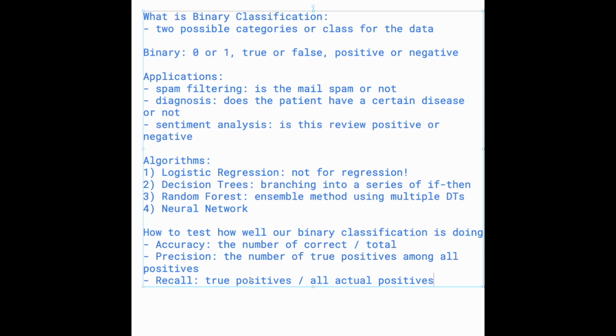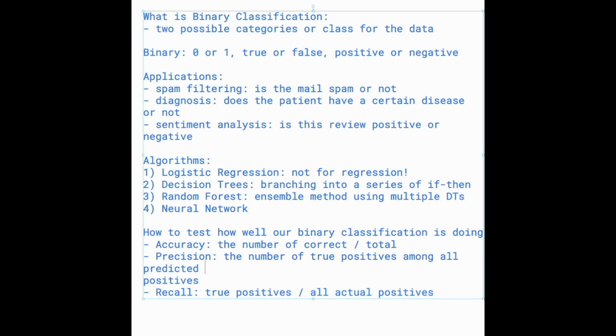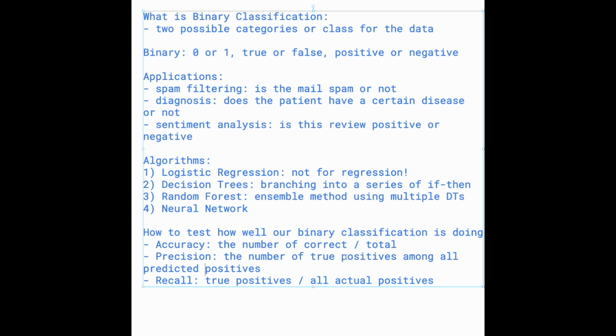It might be a little bit confusing, but let me actually write it down. Previously we looked at the number of true positives among the number of positives that we predicted, whereas recall is the number of true positives over all actual positives.